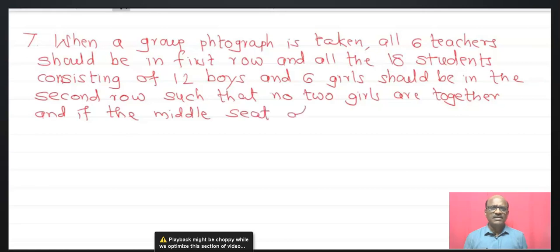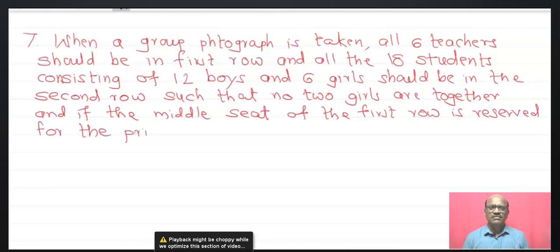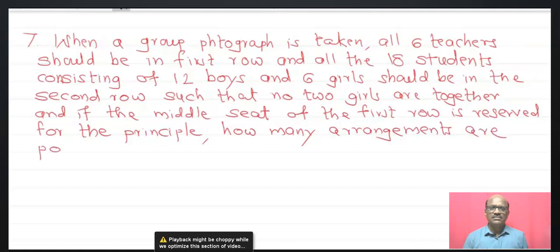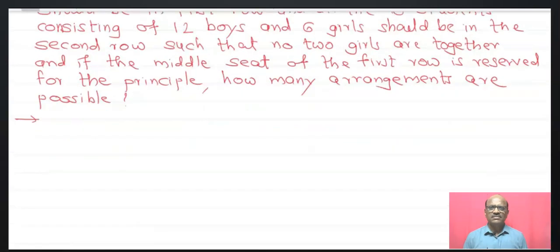If the middle seat of the first row is reserved for the principal, how many arrangements are possible? How many such arrangements are possible?